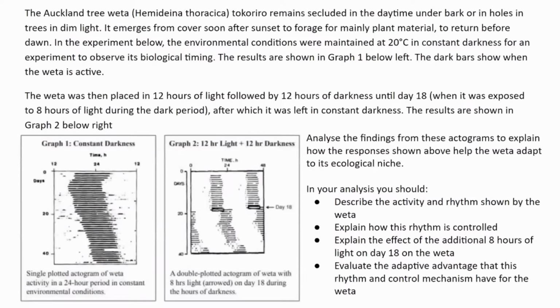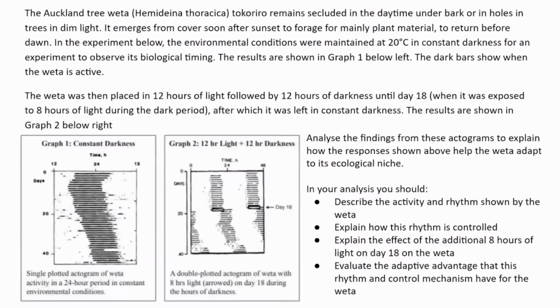So what I have here is a question from the 2016 exam. And it is a question that I guess threw a number of people because it's got two actigrams, and they're showing slightly different things.